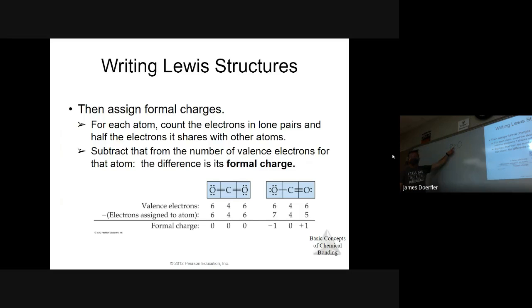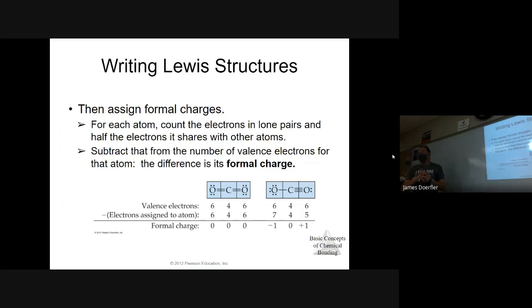So, if I split that in half, how many goes to phosphorus? 1. How many goes to oxygen? 1. That's what that means. Okay? And so, when you're doing this, you're going to subtract the number of valence electrons for each atom. And this is what gives us our formal charge.